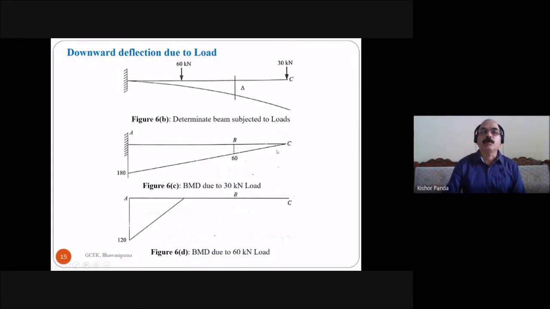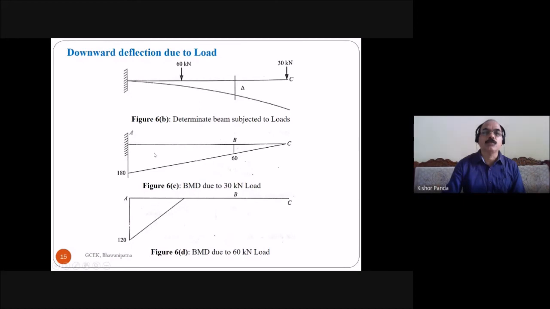Then take the 60 kilonewton load individually and draw its bending moment diagram separately: 60 into 2, 120 kilonewton meter.